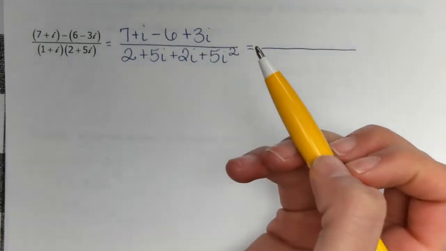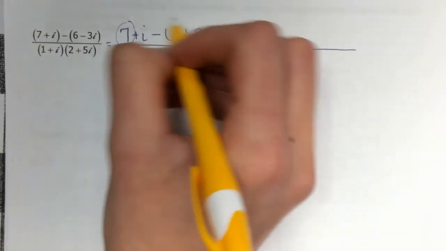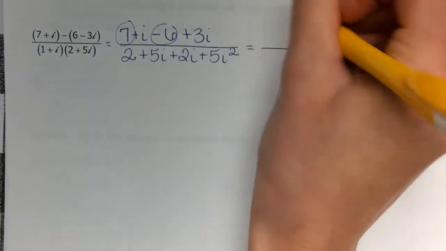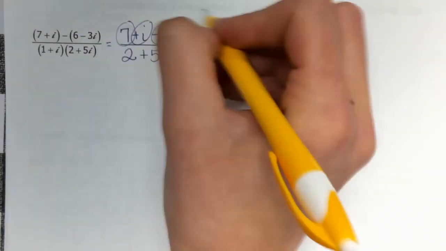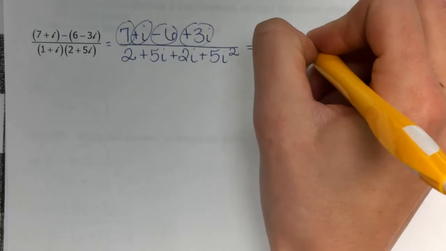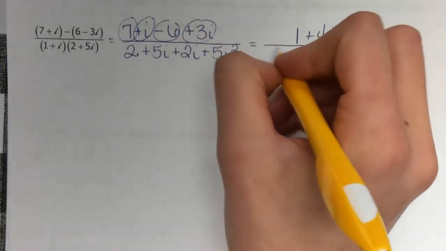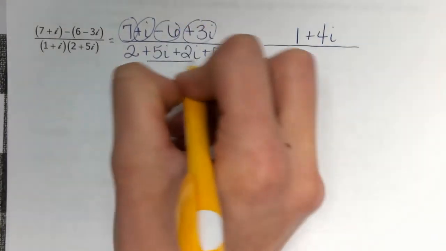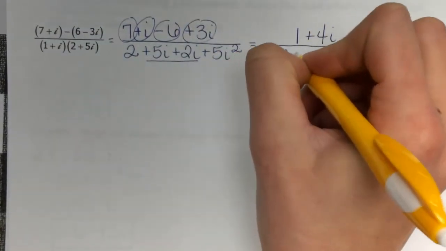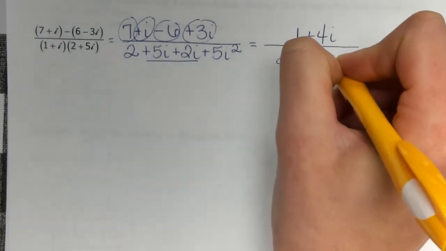Okay, so I'm going to clean up. 7 minus 6, 1. i plus 3i, 4i. So 1 plus 4i is my numerator. And then 2 plus 7i minus 5.